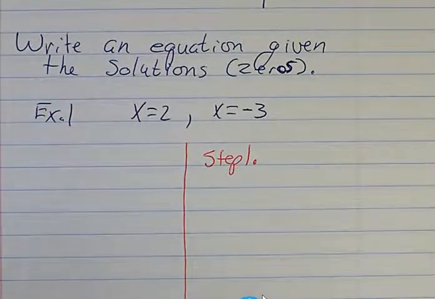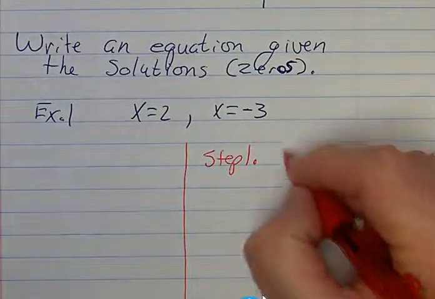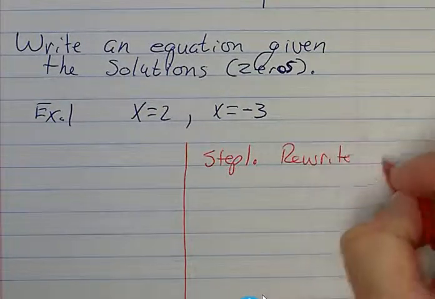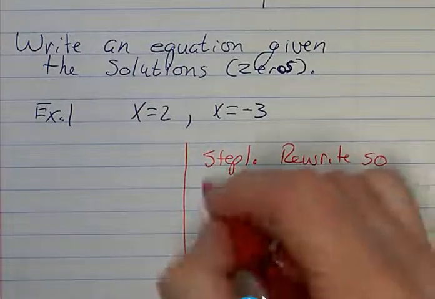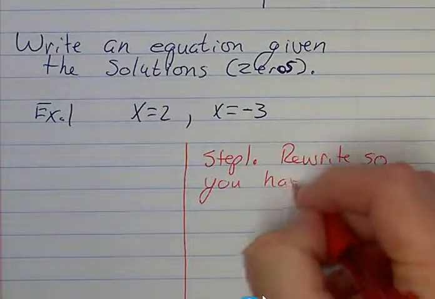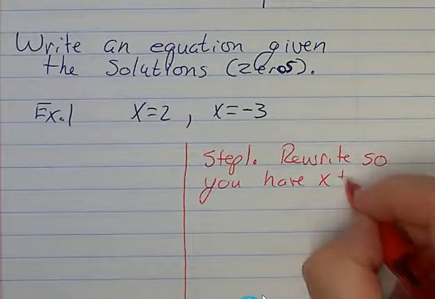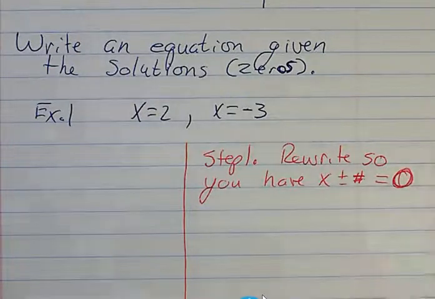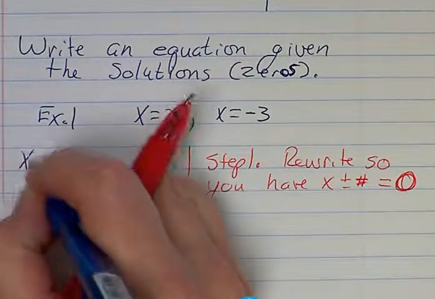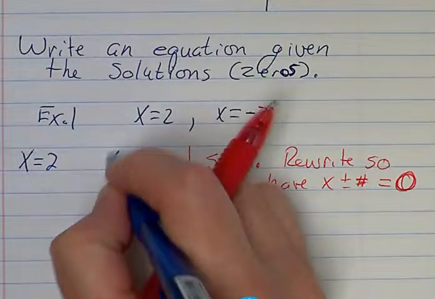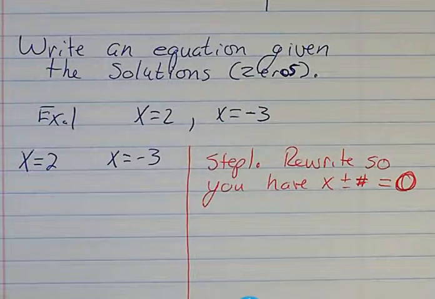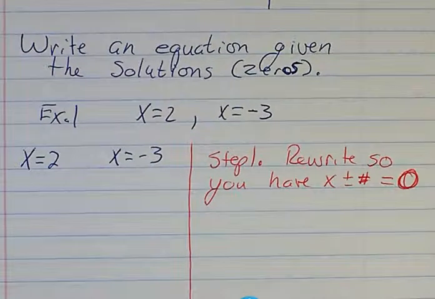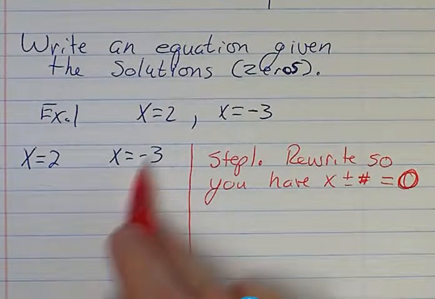So to go backwards on this, the first thing you're going to do is rewrite the equation so you have x either plus or minus some number equals 0. But that's the key thing: you've got to rewrite it so you have 0 on the right side. So for x equals 2 and x equals negative 3, we've got to make this right side 0.